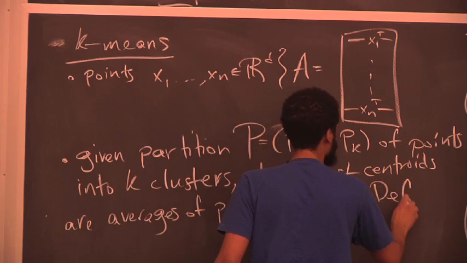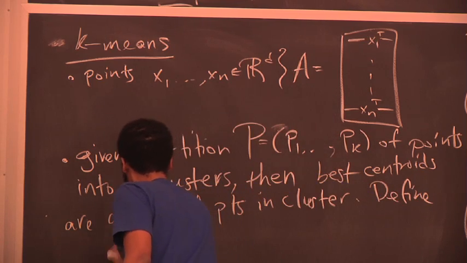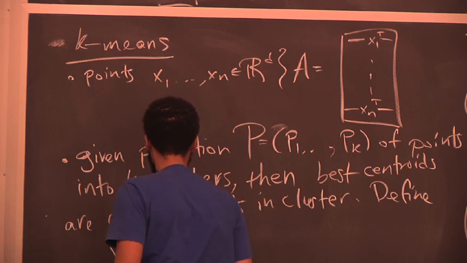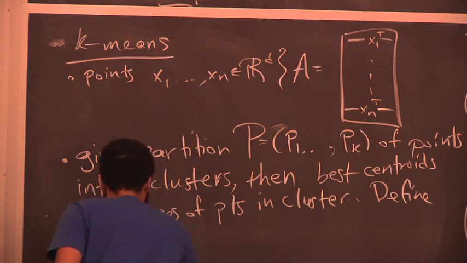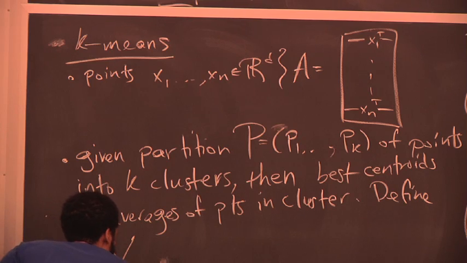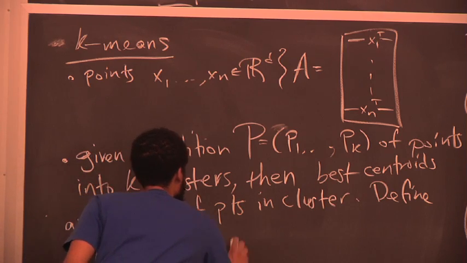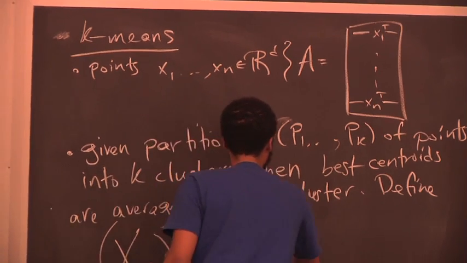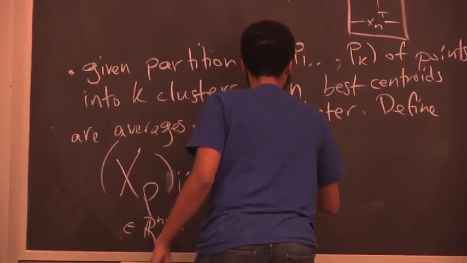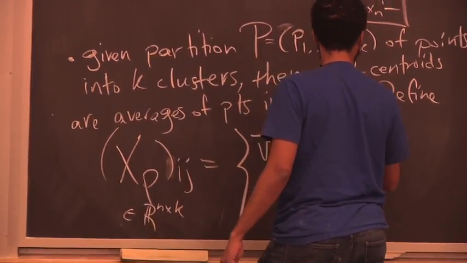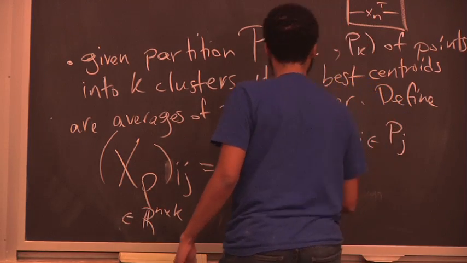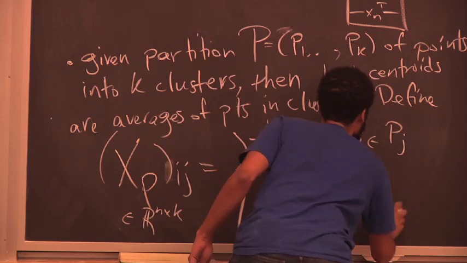Define a matrix XP, which is in n by k, such that XP_ij is equal to 1 over the square root of the size of Pj if i is in cluster j, and 0 otherwise.